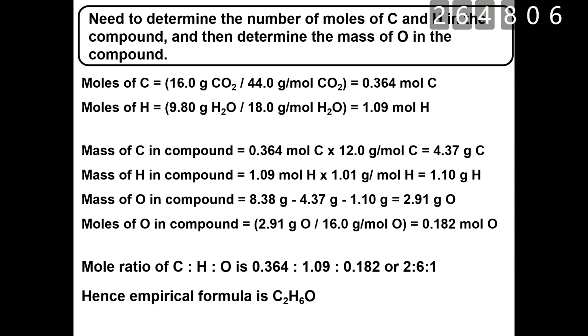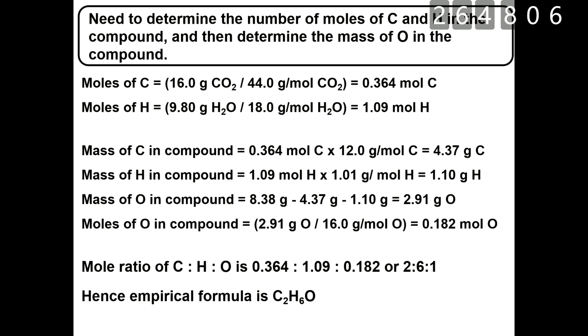But in each water, how many hydrogen? 2, yes. So the moles of hydrogen. No, this is wrong, I think. I just used this from another place. Okay, anyway, here should be 2.